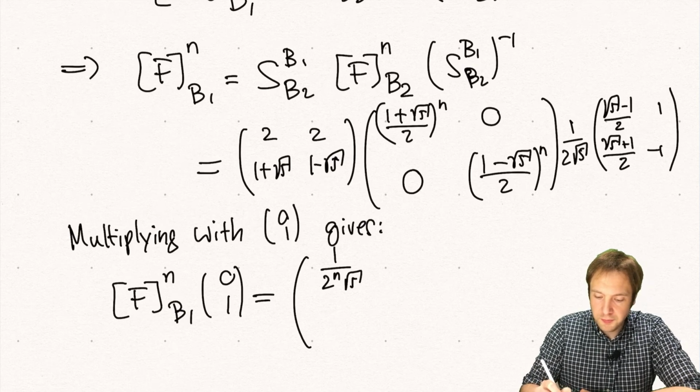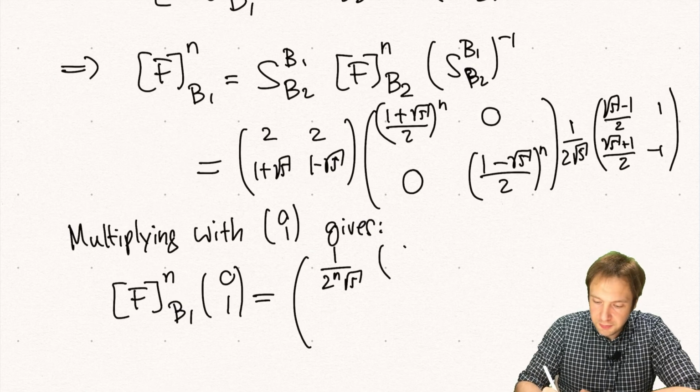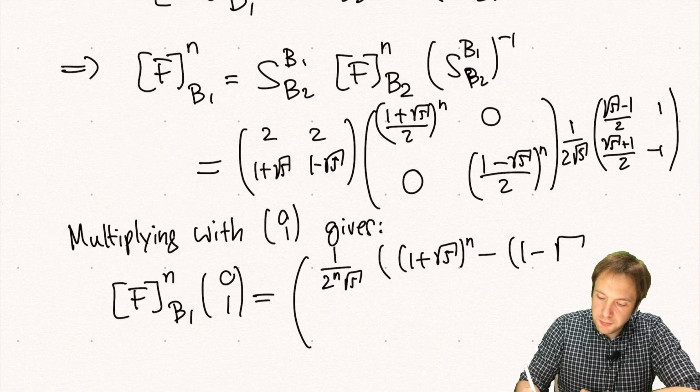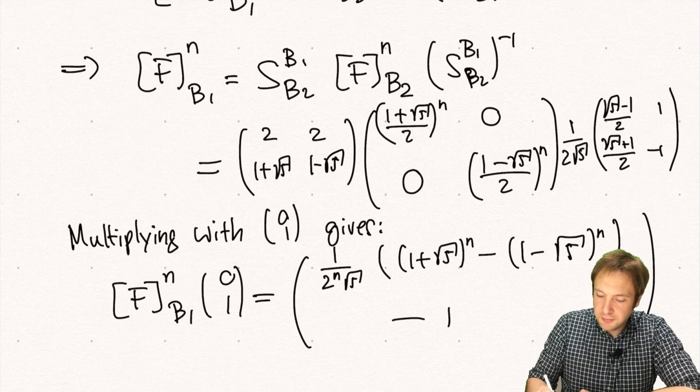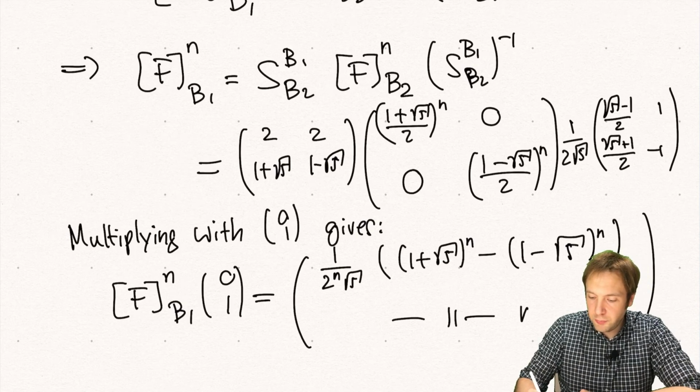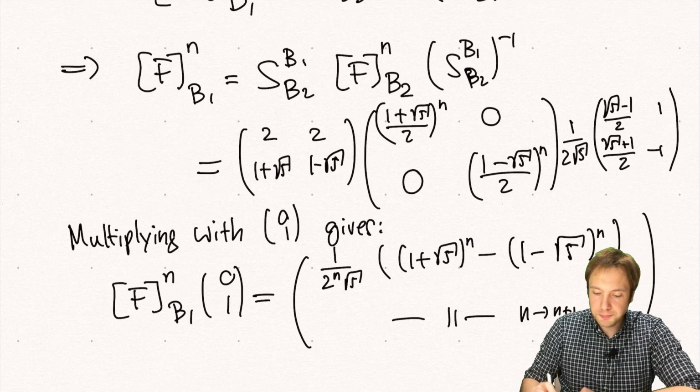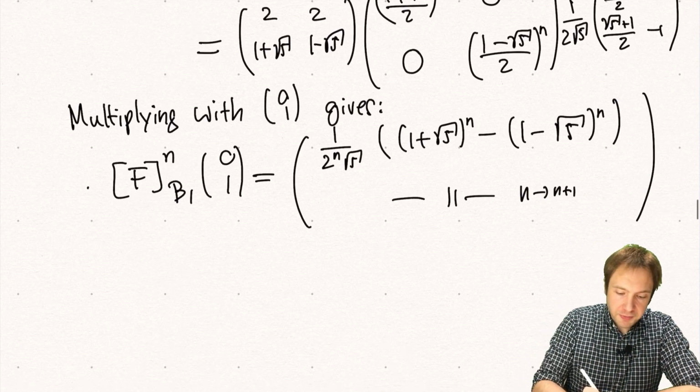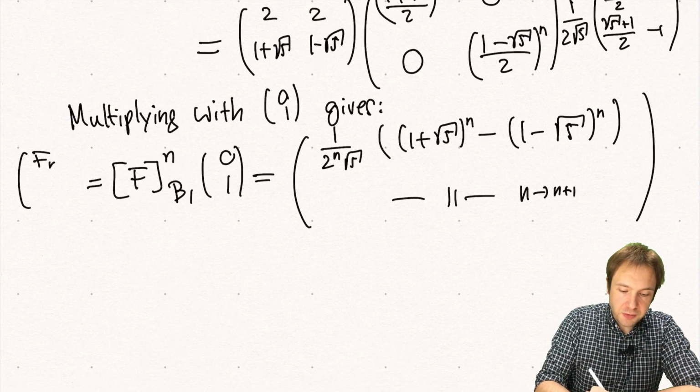1 over 2 to the n times square root of 5, and here it's (1 plus square root of 5) to the power n minus (1 minus square root of 5) to the power of n. And the second entry here is the same as the first entry, where we just replace n by n plus 1. And remember, this gave the formula for f_n and f_(n+1).